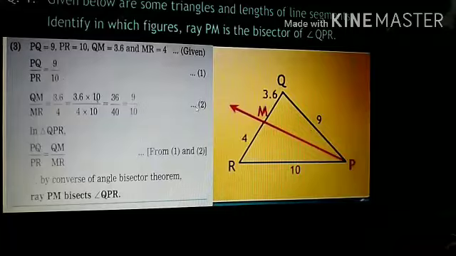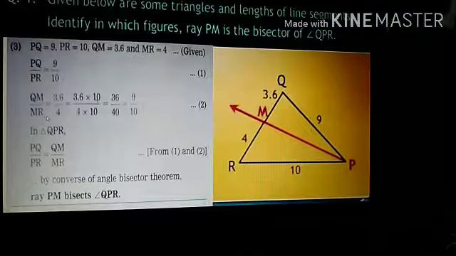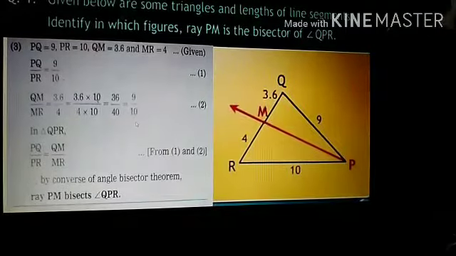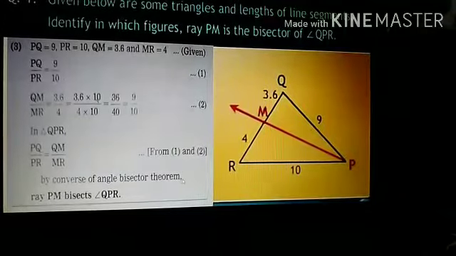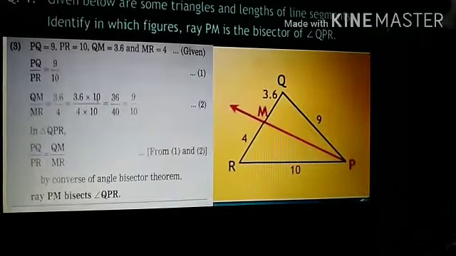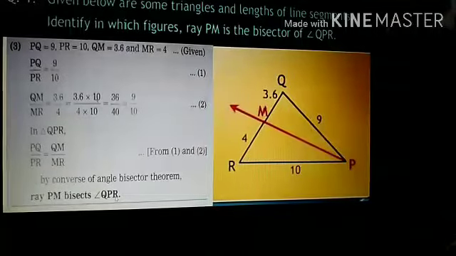Now observe 1 and 2. We get both the ratios PQ upon PR and QM upon MR is equal to 9 upon 10. Therefore, we can conclude that by converse of angle bisector theorem, ray PM bisects angle QPR.